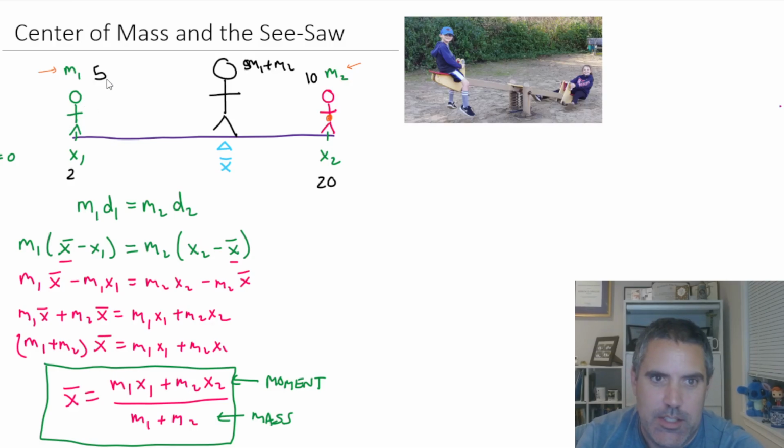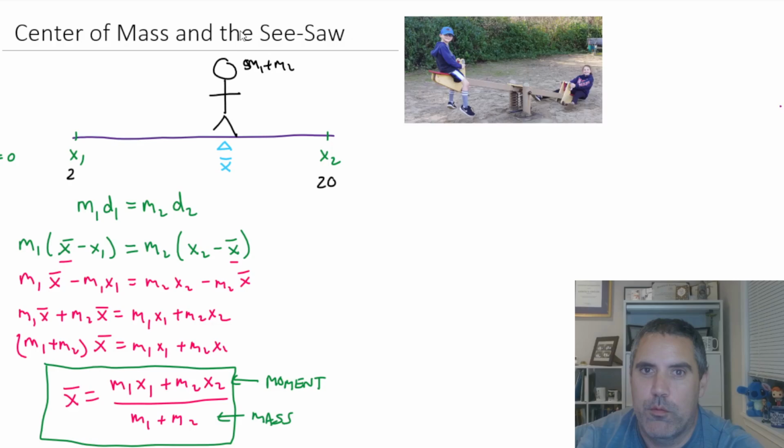Then let's pretend these people are gone. So we've morphed those two people into one person. Then imagine someone comes up here and stands right here, and they have m3, and this is x3. Now we want to balance those two people.